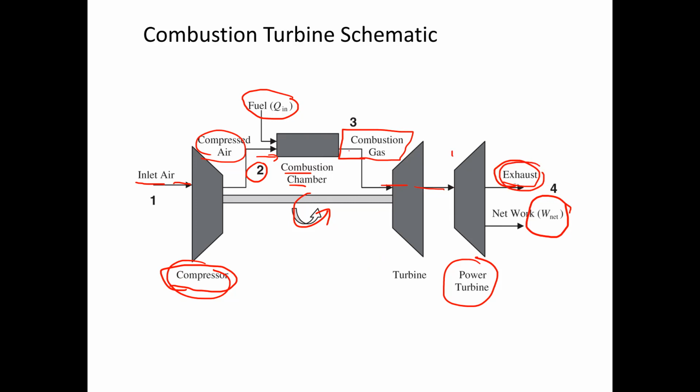The combustion gases come out of the combustion chamber, go into the turbine, and after they drive the power turbine, come out as exhaust. We all know that this exhaust gas is going to be hotter than the gas being taken into the inlet of the compressor.